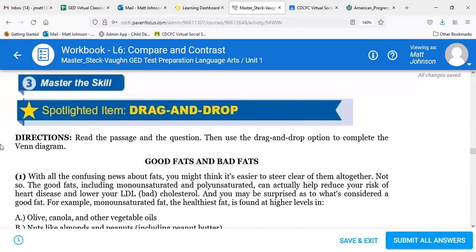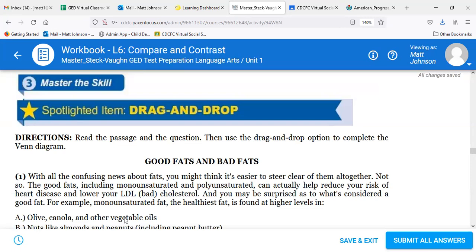And the new passage. So good fats and bad fats. Right away, we probably know what we're going to be comparing and contrasting, right? So with all the confusing news about fats, you might think it's easier to steer clear of them altogether. Not so.